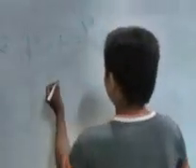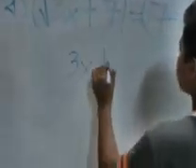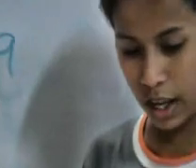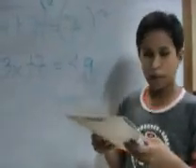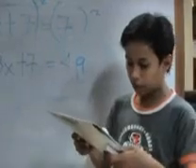Then, simplify the 2 into 2 and the answer is 3x plus 7 equals 49. Now, copy the 3x, then put the equal sign and copy also the 49, then insert the 7. But this time, the positive 7 becomes negative.